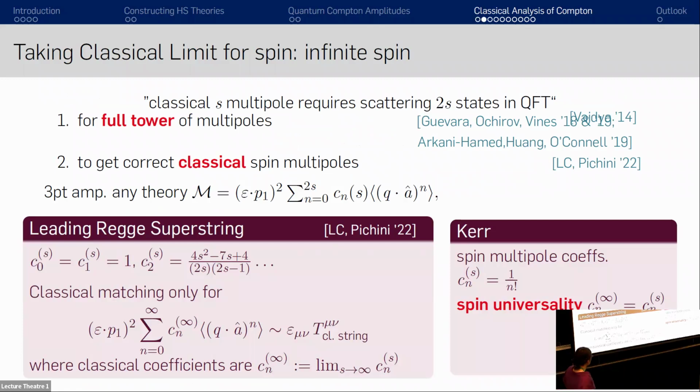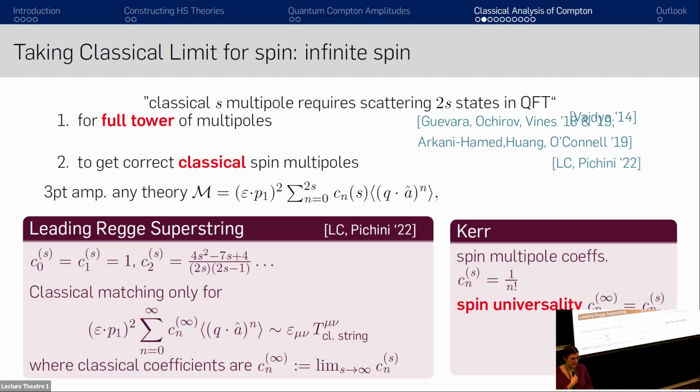But I would argue that the way we approach it is not quite like that. We don't take a fixed spin limit. So if you take a spin 5/2 amplitude, we don't tend to take a classical limit of a finite spin.